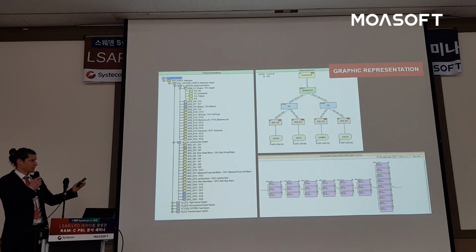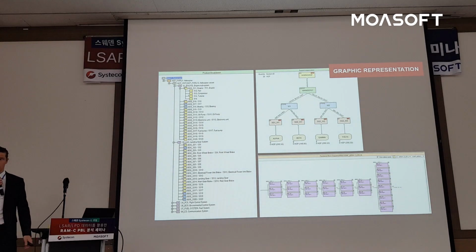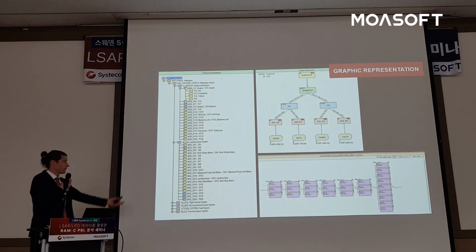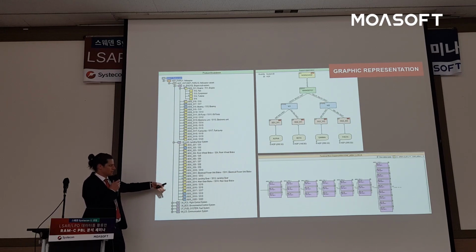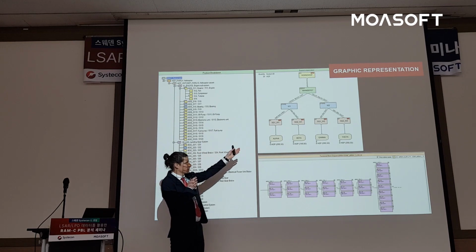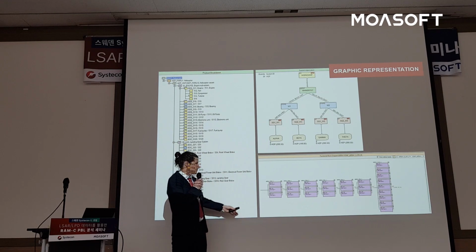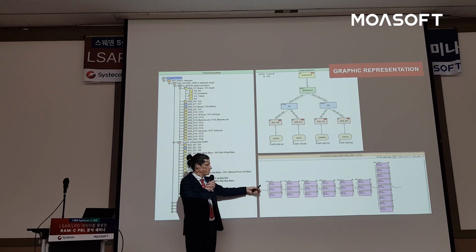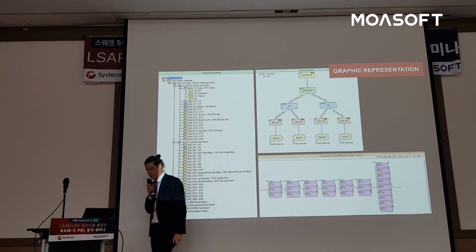Another way of representing this data once we've put it into the tool is with a graphic representation. It can look something like this. Here we have a structure showing the product breakdown, showing all these breakdown elements or logistic control numbers, whatever terms you're using, as well as a support organization showing the different maintenance locations and operational sites, etc. If we're working with redundancies, we can also build functional block diagrams, looking something like this as an example.